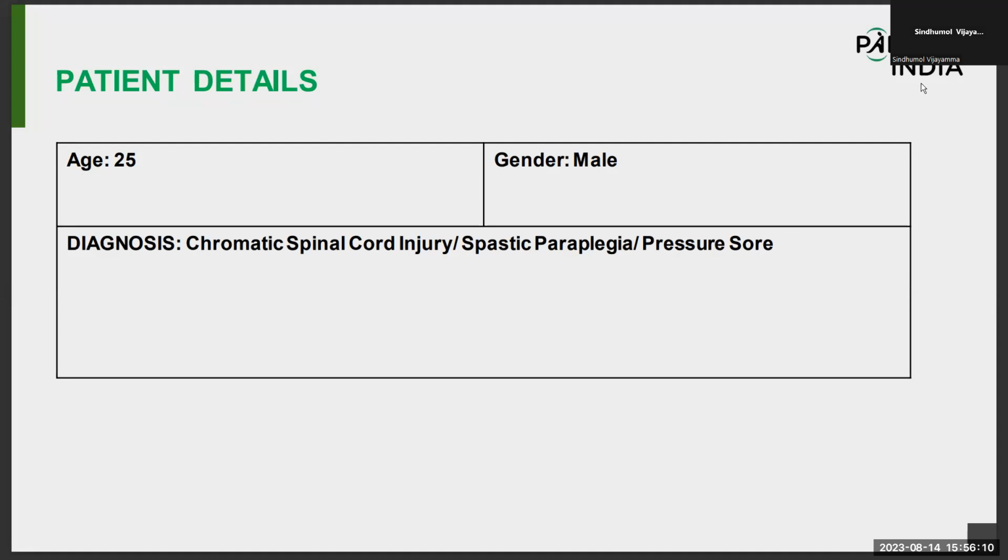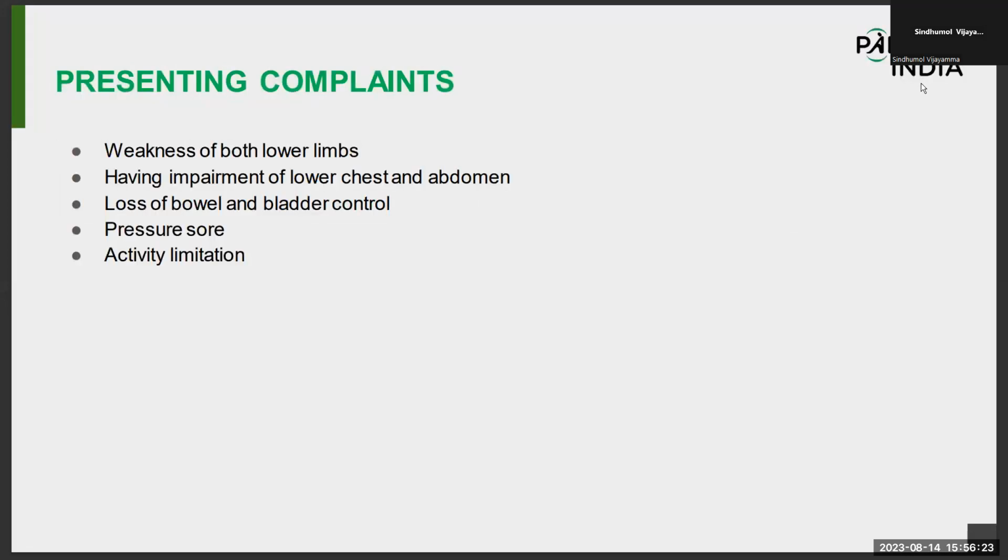Case presentation about traumatic spinal cord injury leading to spastic paraplegia and pressure sore. Patient age 26 years, gender male. Presenting complaints: weakness of both lower limbs, impairment of lower chest and abdomen, loss of bowel and bladder control, pressure sore, activity limitation.